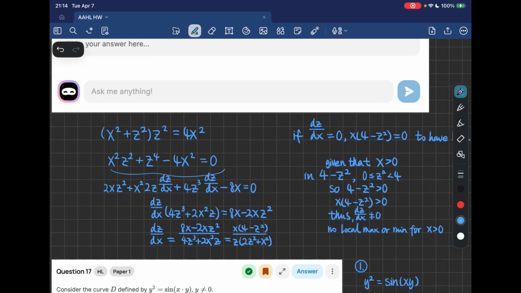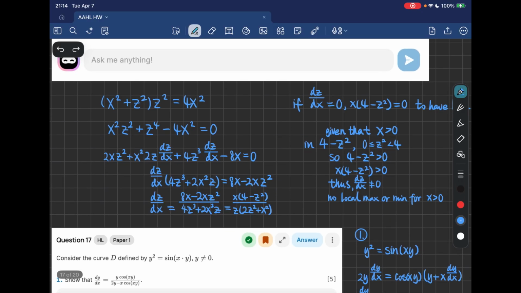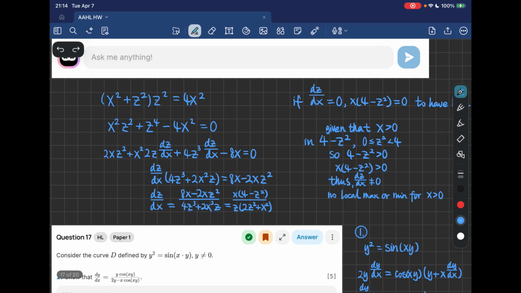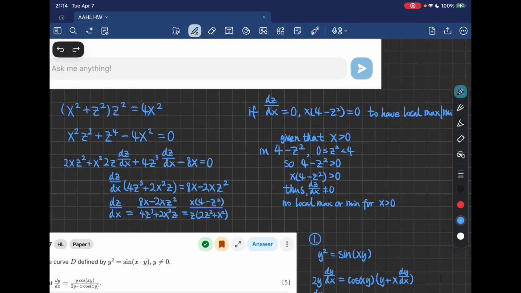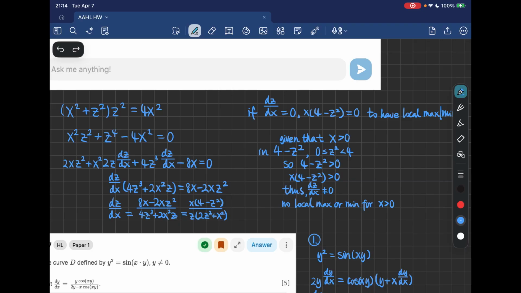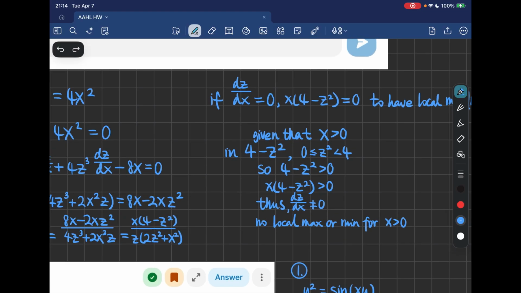So now we have this, and just apply implicit differentiation, and then isolate dz over dx, and then we get this fraction.